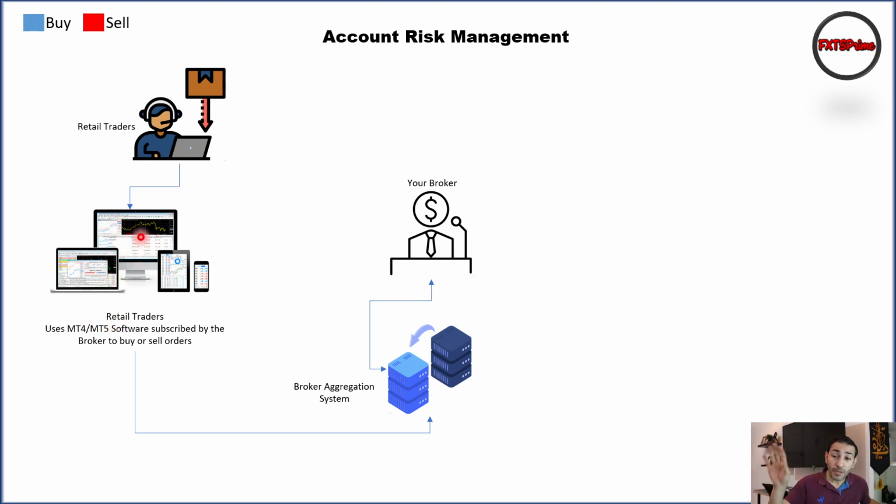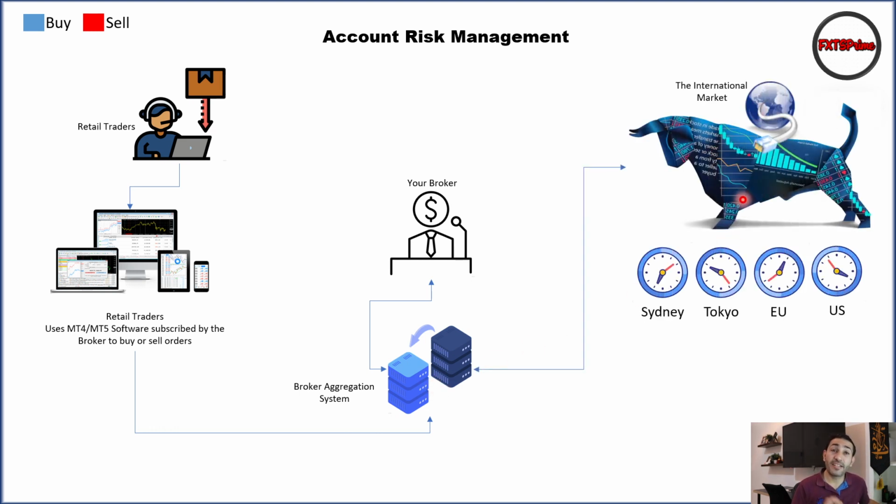So you click, and the order goes to the MetaTrader. The MetaTrader will give the order to the broker. The broker has an aggregation system, and the aggregation system is connected to the international market, which has all the central banks and the Sydney market, the Tokyo market, the EU market, and the US market.